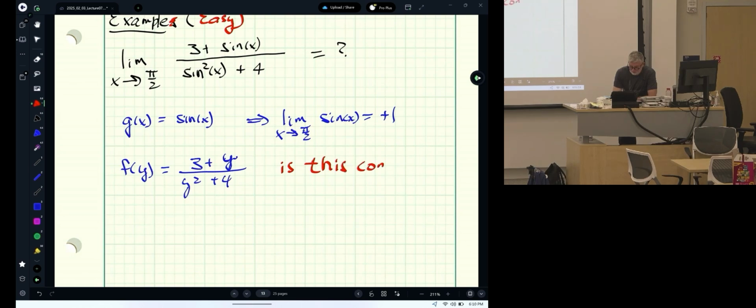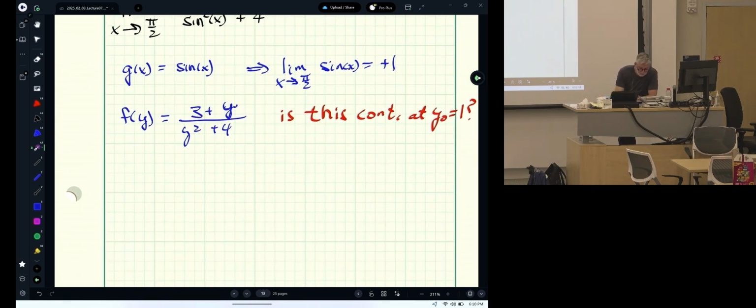Is this continuous at y0 equals 1? Yeah, it's continuous everywhere because this has no real roots. It never vanishes for any real number y. So this is a continuous rational function.